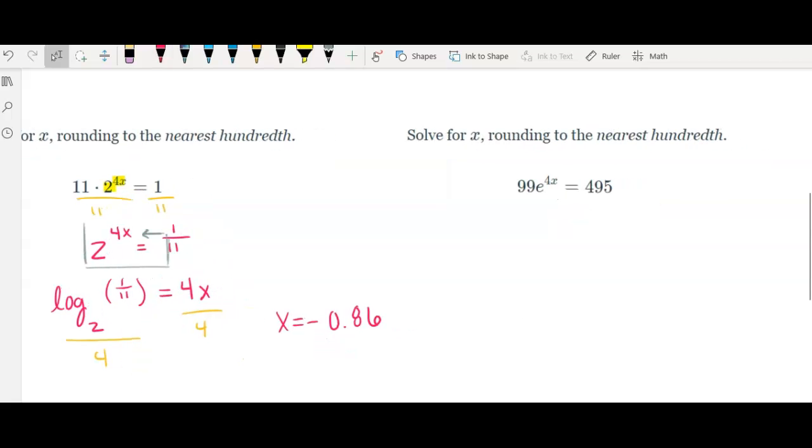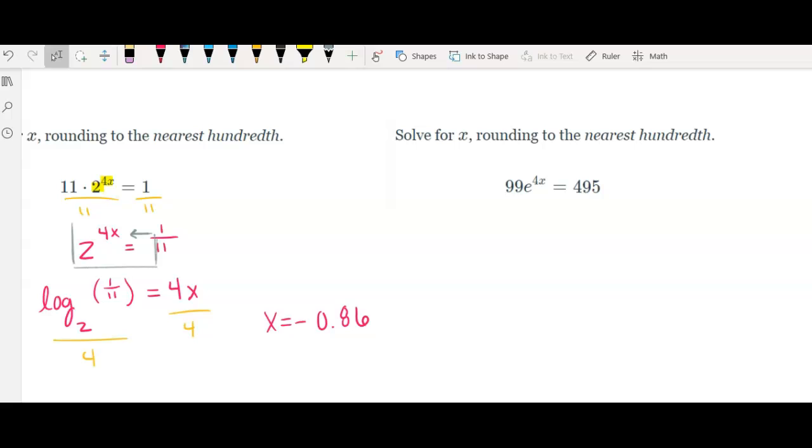And then we'll try one more like that. So again, I've got to get this e to the 4x by itself, and then I'll switch it to log form. We switch it to log form because x is up in the exponent. So I'm going to start by dividing both sides by 99.